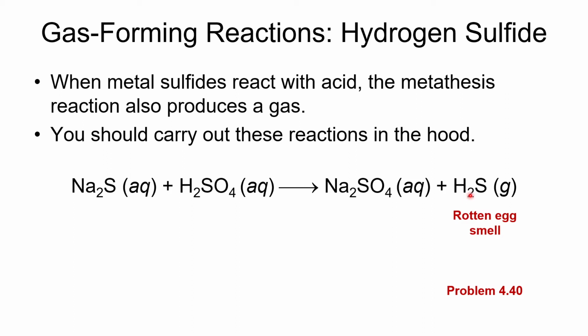Now, one quick note. If you've ever been to a hot sulfur spring, for example, there's a place in Arkansas called Sulphur Springs. There are many places up in the mountains of Colorado that have sulfur springs. One I like to go to in the summer is Pagosa Springs.